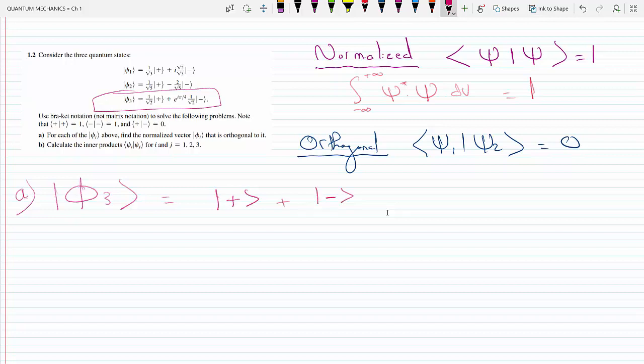That's what these mean. And there are going to be some multiplicative constants, let's call them alpha and beta, that would normalize this, because we don't necessarily know the proportion between these two states.